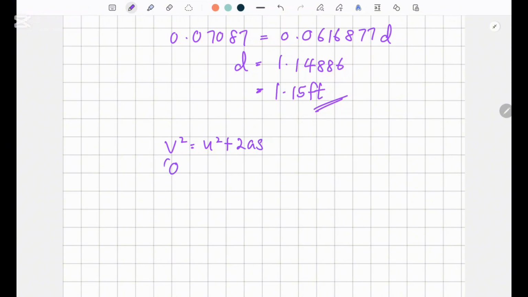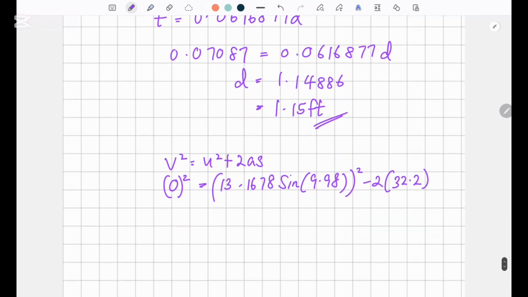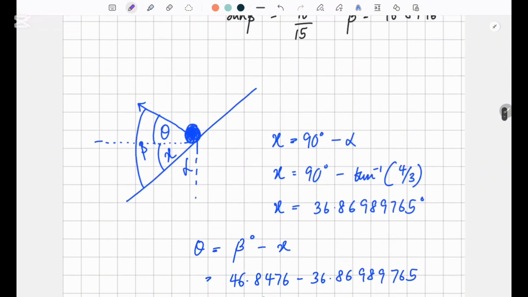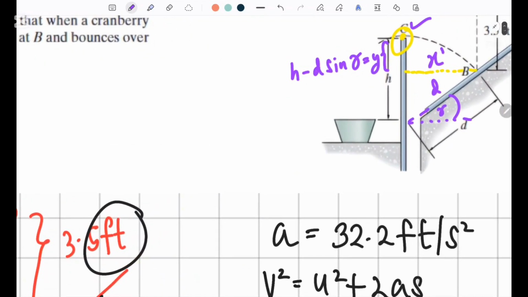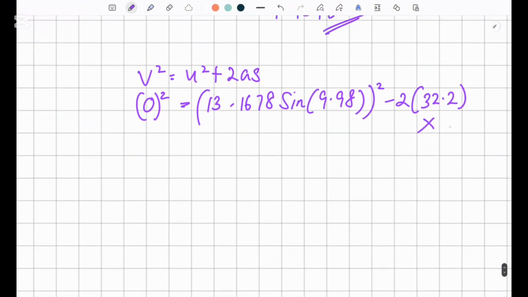So it's 0 squared equals 13.1678 sine 9.98 squared minus 2 into 32.2. It's minus, as I told you previously, it's going up, into s. S is going to be Y, right?